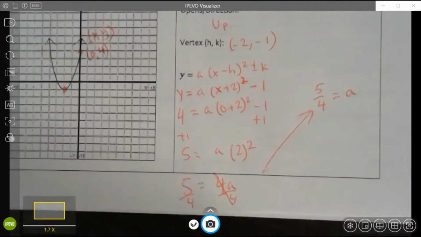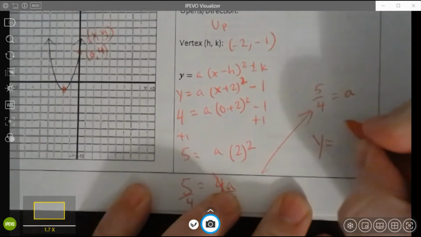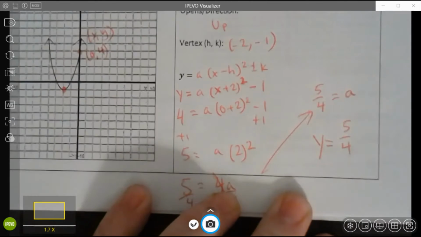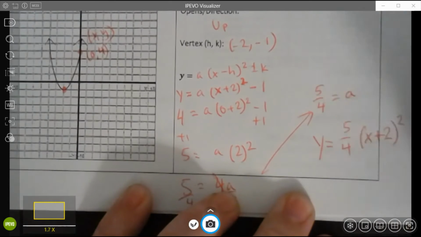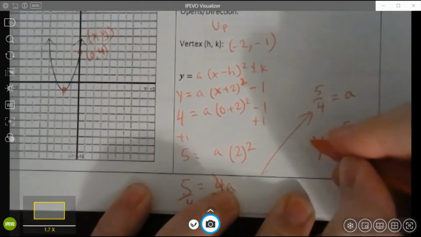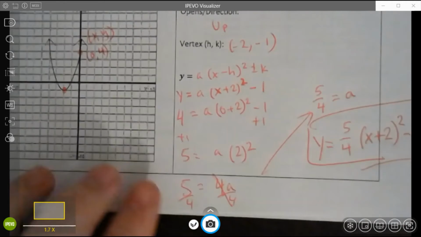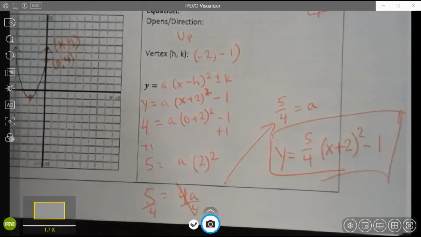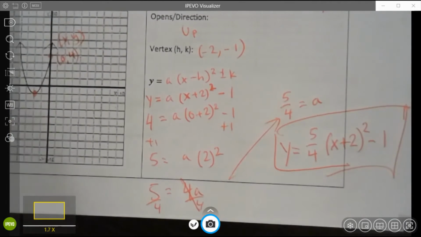So that's what we're going to plug in for our value for a. So we can say our equation is y equals 5/4 times (x + 2) squared minus 1. So this is the equation of the parabola that has been given to you for example 2.